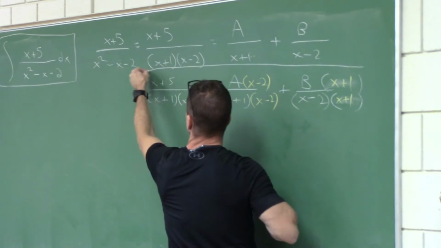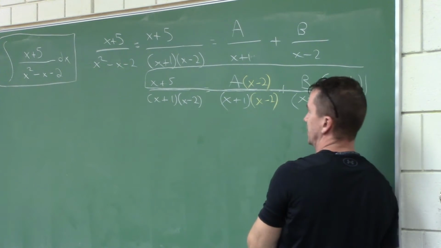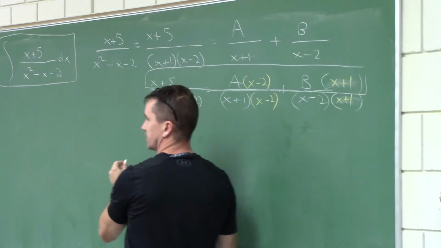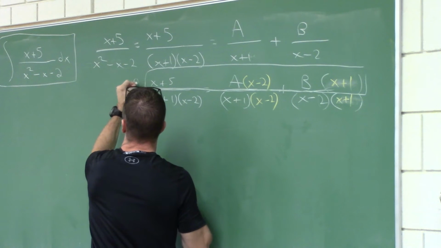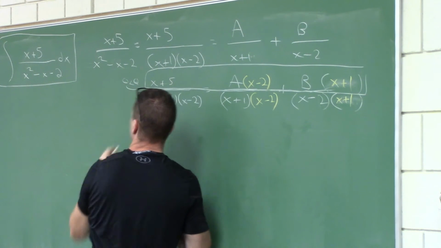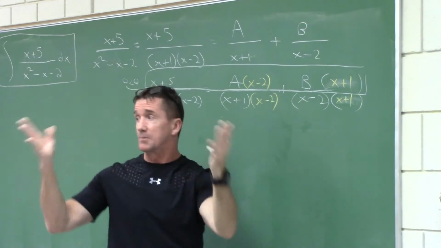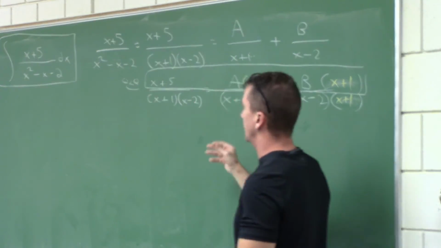Put a box around this entire numerator. That's our problem in here. This is where our eyes are now. Just that, and I'm going to rewrite that. What about those denominators?